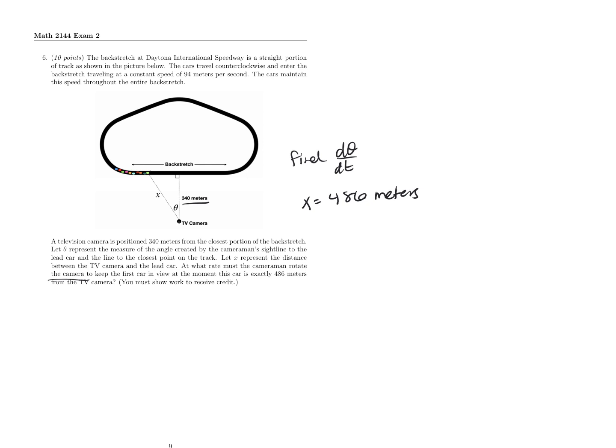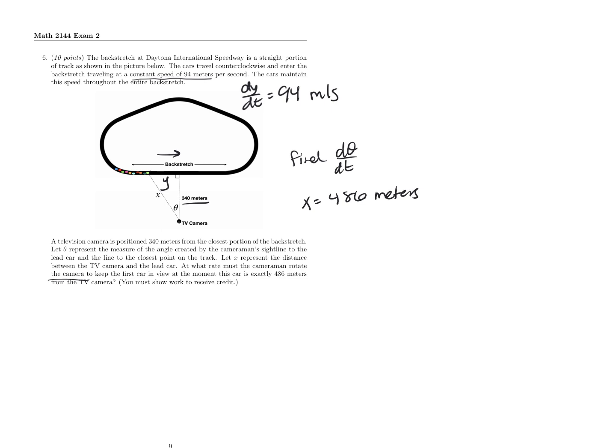All right. And then another piece of information they give us up at the top is that the cars travel at a constant speed of 94 meters per second. And so that's going this direction. So if we label this y, let me rewrite that. That means our dy/dt is equal to 94 meters per second.